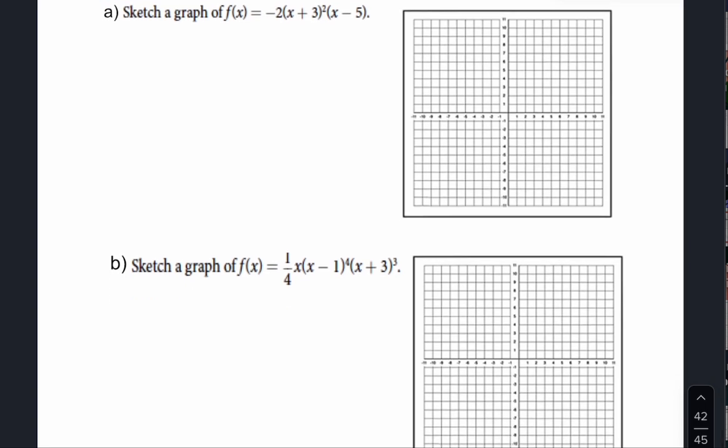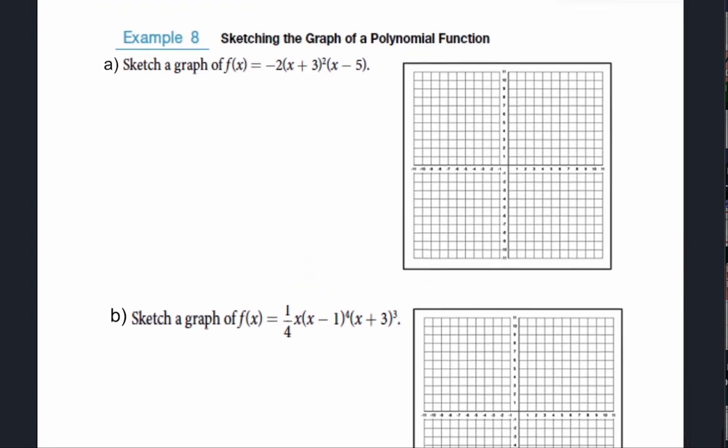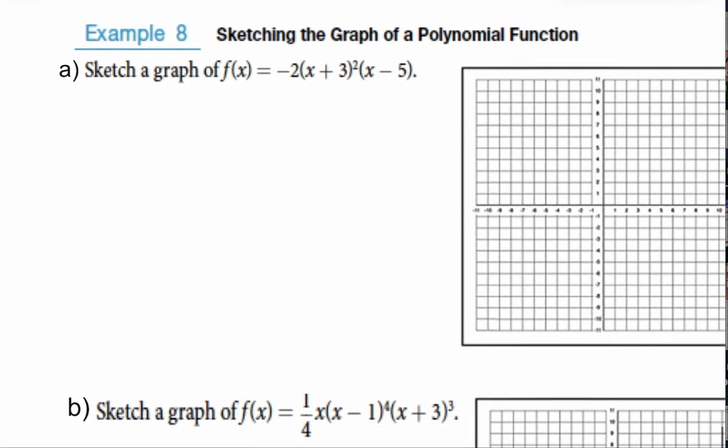So we're going to sketch these really fast, okay? That's our goal. So find your lead term. So it's going to be negative 2 times x squared times x, which is negative 2x cubed.